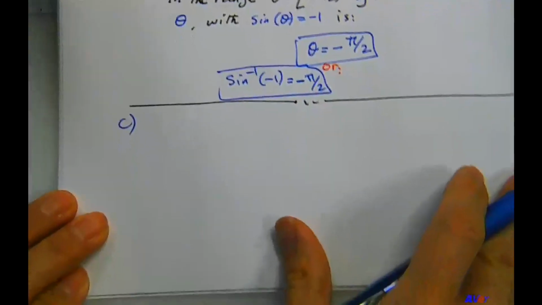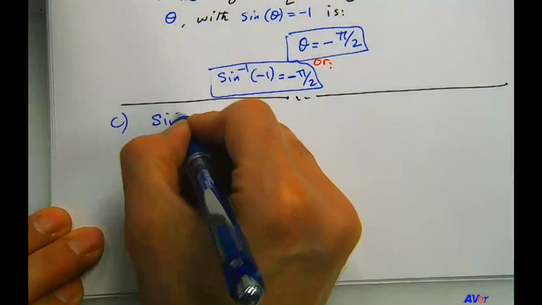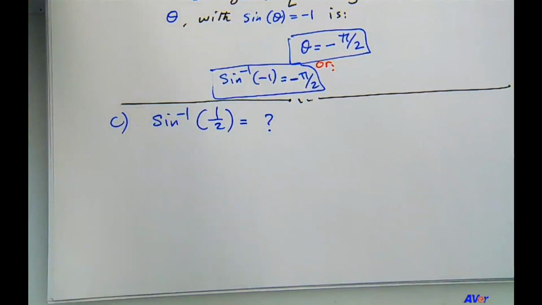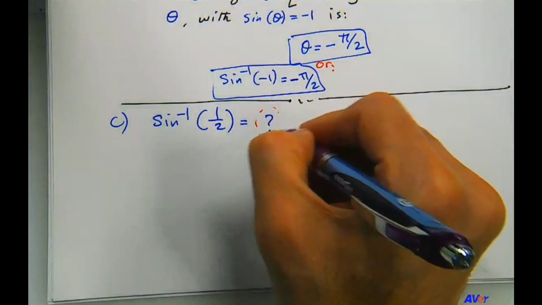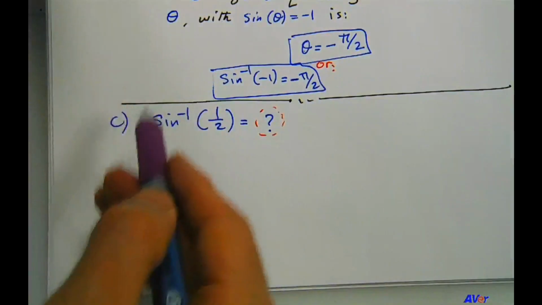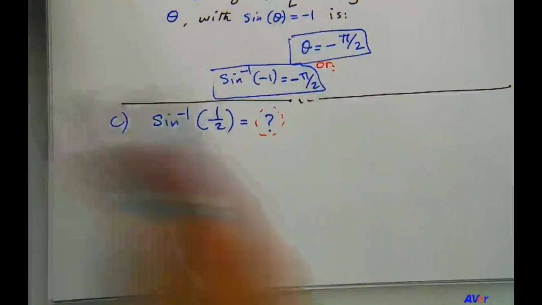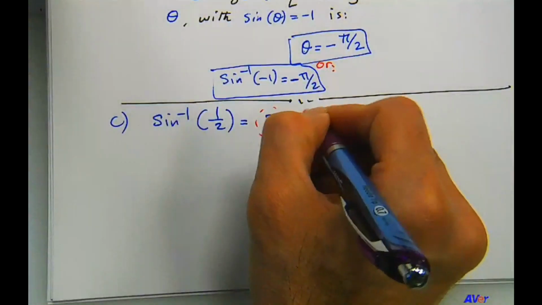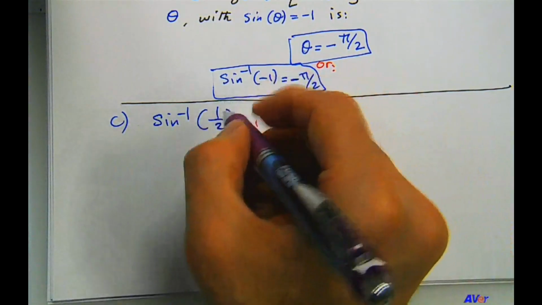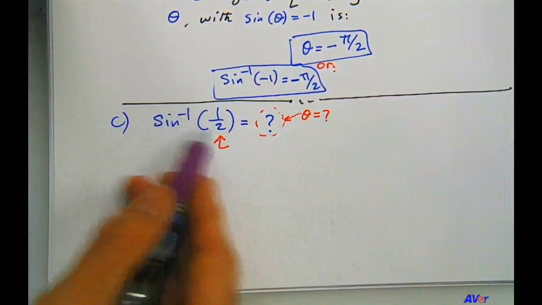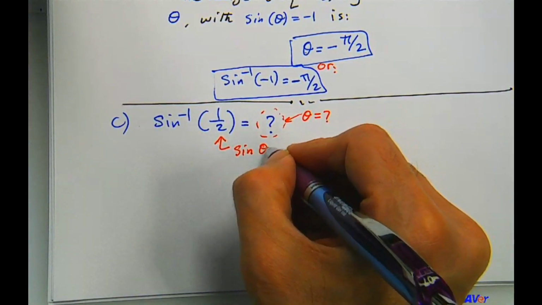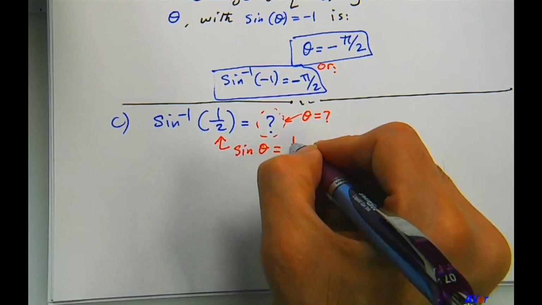So part C, we want to evaluate inverse sine of 1/2. Once again, whenever we have an inverse trigonometric function of any kind, inverse sine, inverse cosine, inverse tangent, cotangent, whatever, the other side is always an angle that we're looking for, theta equals question mark. And this, being part of an inverse sine function, means that there must be an angle such that sine of that angle is equal to 1/2.